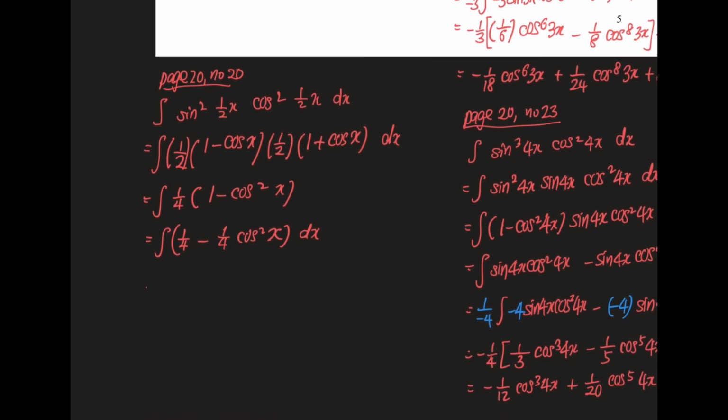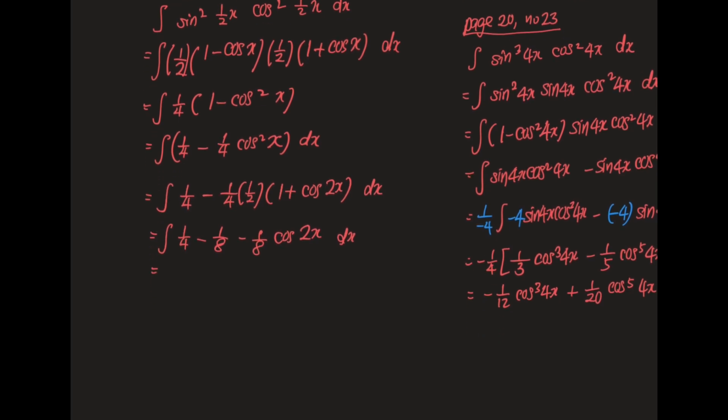So we will get 1 over 4 minus 1 over 4, 1 over 2, 1 plus cos 2x, which is 1 over 4 minus 1 over 8 minus 1 over 8 cos 2x dx. So we get 1 over 8 minus 1 over 8 cos 2x.